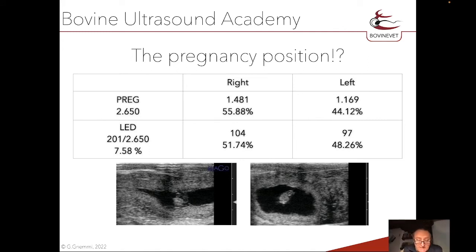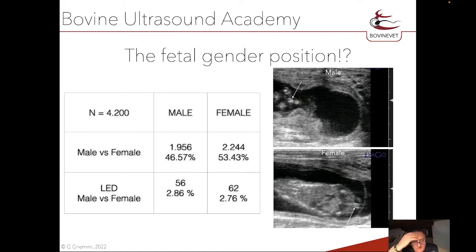Well, there is no scientific evidence for this hypothesis. Therefore, right and left hand gestations have the same probability to disappear. Well, is there a different probability of gestational losses depending on the sex of the pregnancy? Well, there is scientific evidence that in some breeds, due to a genetic alteration, there is a different predisposition to gestational loss depending on the sex of the fetus.